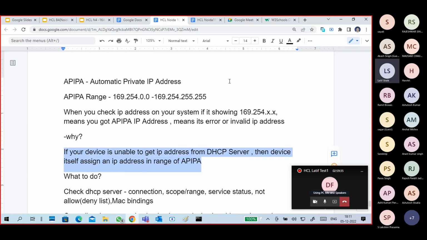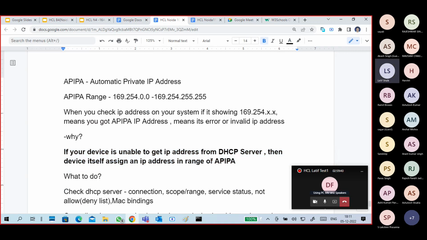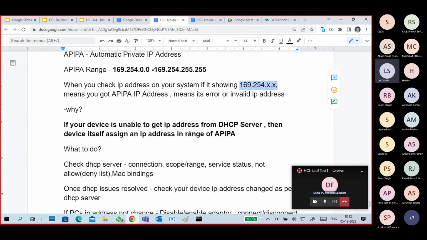So an IP address will be assigned by the system itself from the APIPA range. What is the APIPA range? This is the APIPA range. When you check your IP address, if it shows like this, it is an error. It is an invalid IP address, no use.